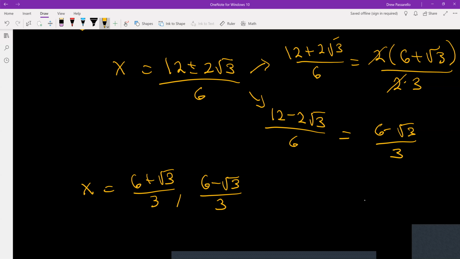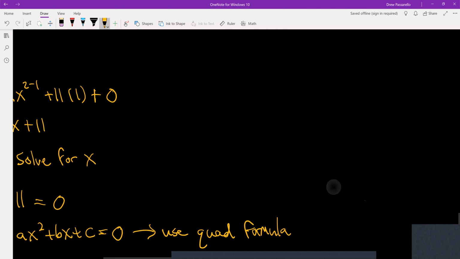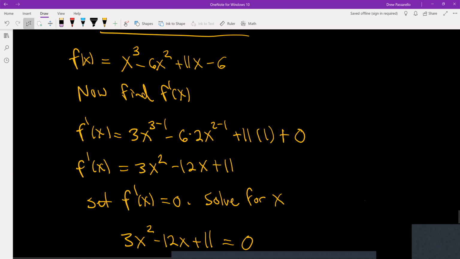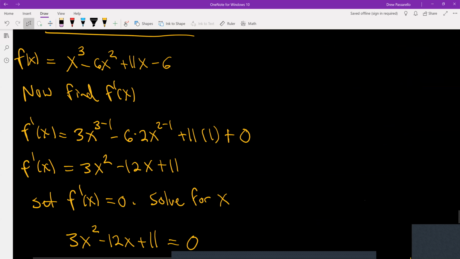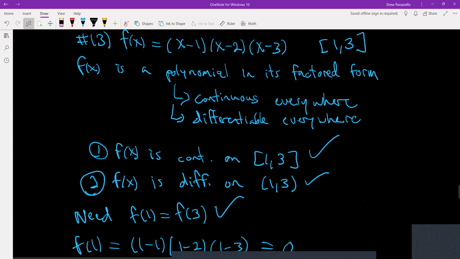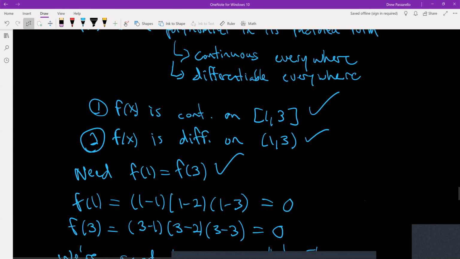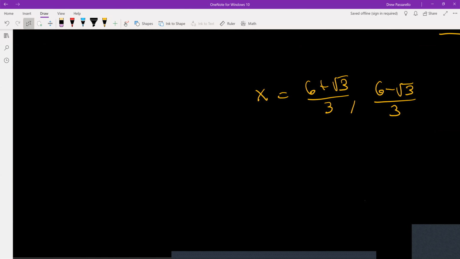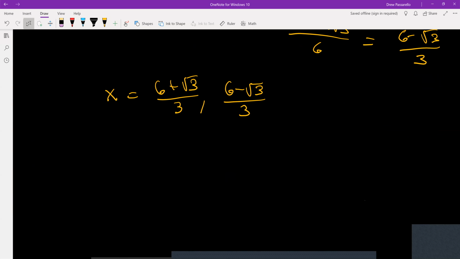Now they both better be in our interval, and our interval is 1 to 3, I believe, from the beginning of the question. Yeah, so 1, 3. Remember, we need it to be in the open interval.